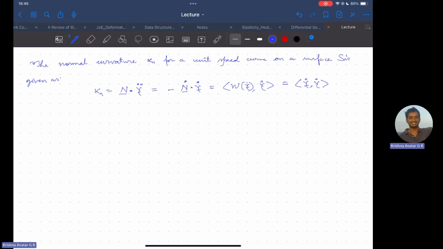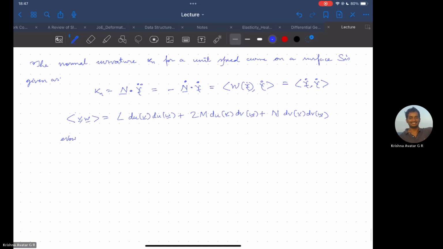It's like a specially constructed inner product, which for a general case is defined as follows: for any two vectors v, w, we define this as L du of v vector du of w vector plus 2m du of v vector dv of w vector plus n dv of v vector and dv of w vector. That is the specially constructed inner product.